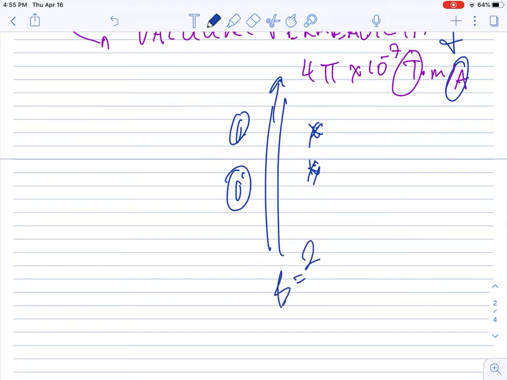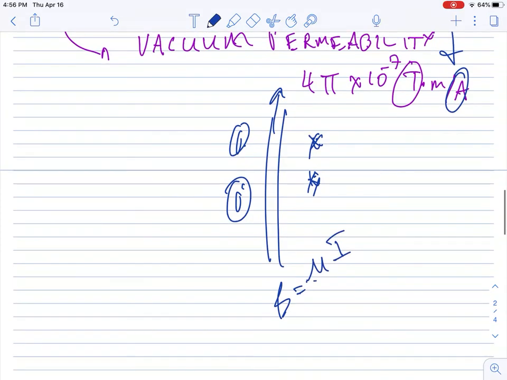Now, if it's a wire, your magnetic field strength is mu naught I over 2 pi r.